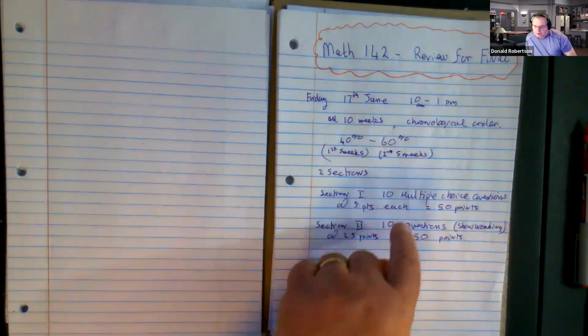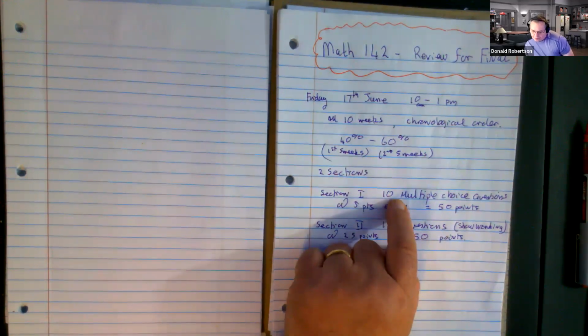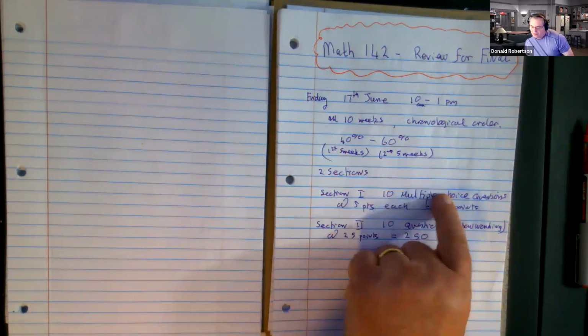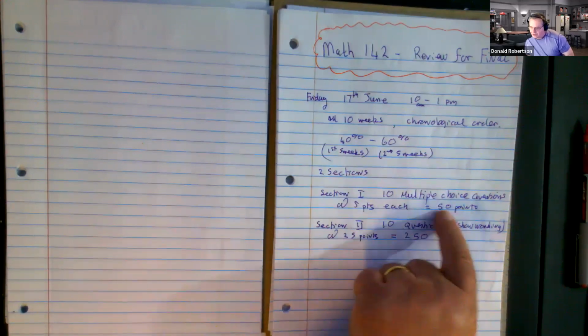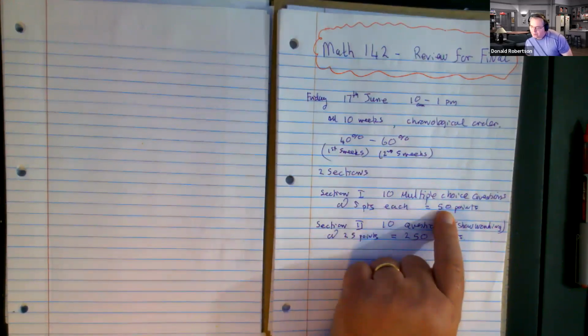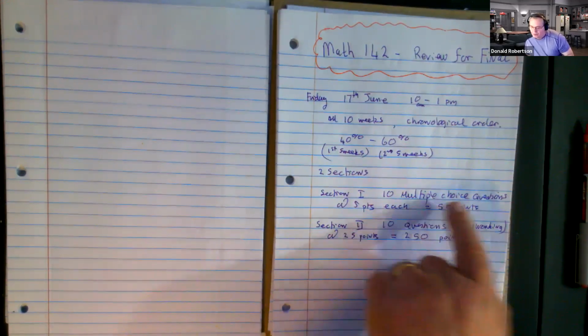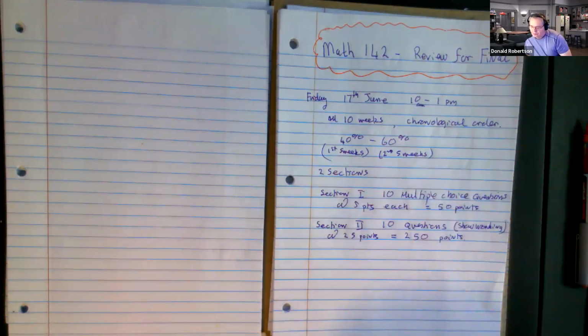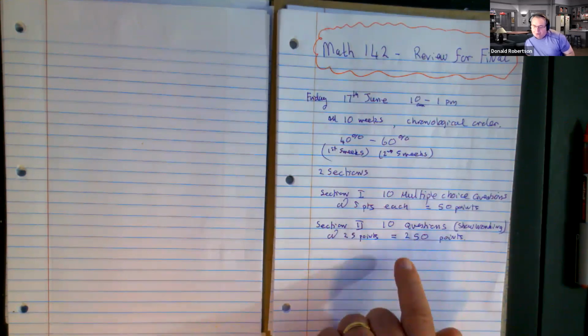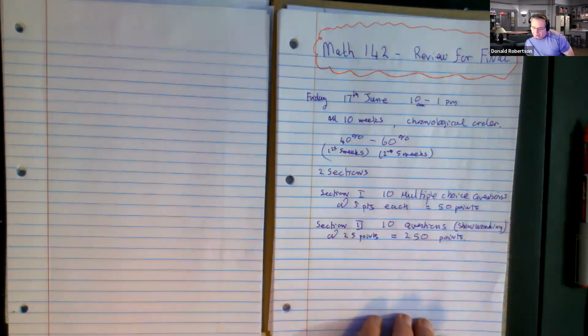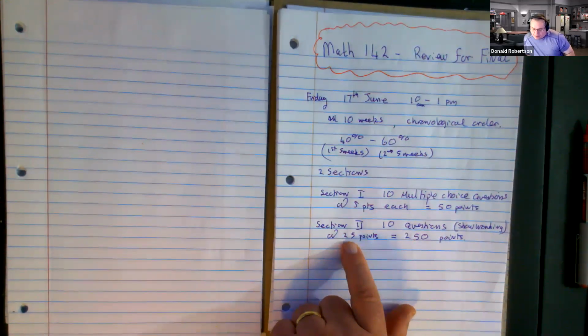And both of these are chronological. So when you look at your multiple choice question, the first one's like from week 1 and the last question will be from week 10, right? So the last question will be in vectors, right? And the first question, who knows, something to do with radians or an angle. And section 2's got the same. Now, there are 10 questions, and on average, they're 25.